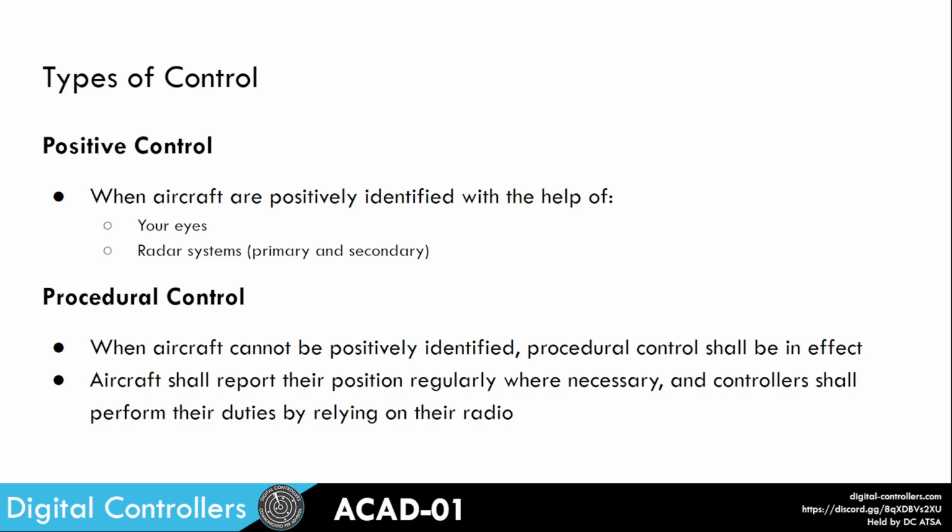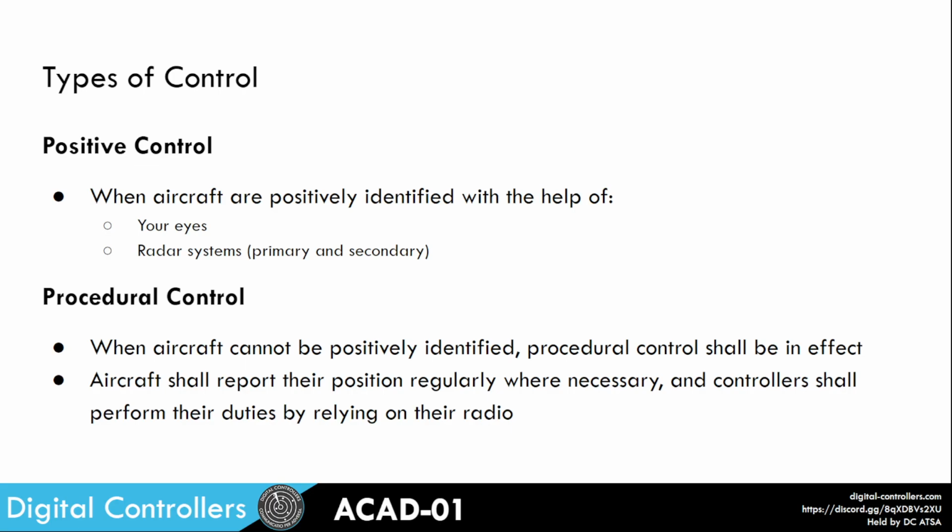We also have procedural control, where we do not need to positively identify people, or aircraft even, and we perform all of our duties solely by information coming through the radio, and normally some sort of way of keeping track of what aircraft are doing.